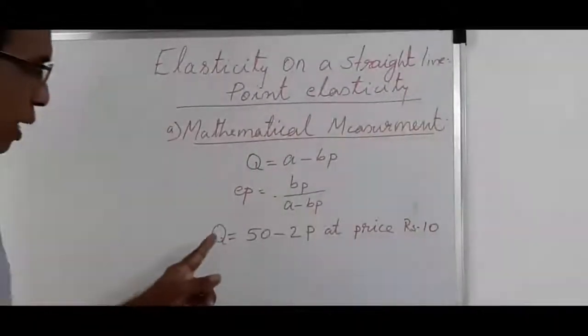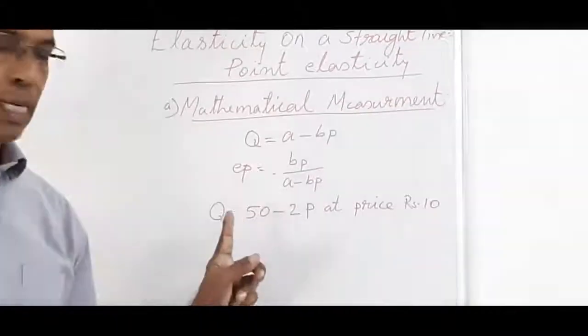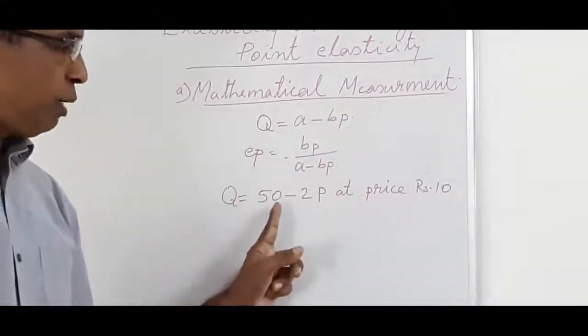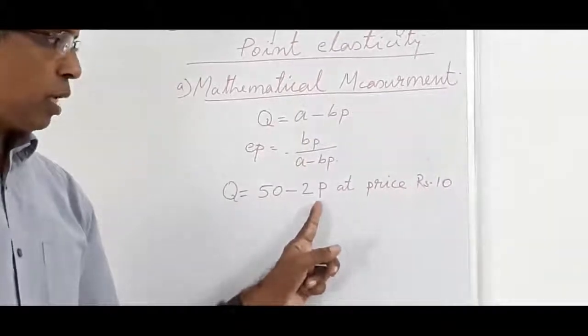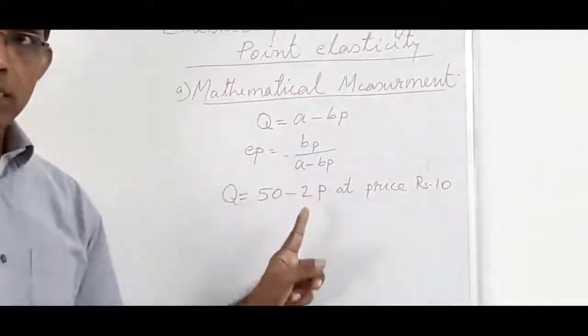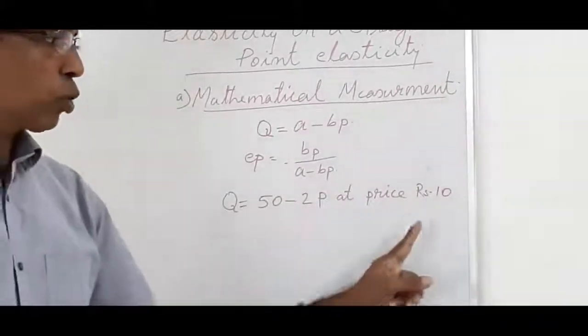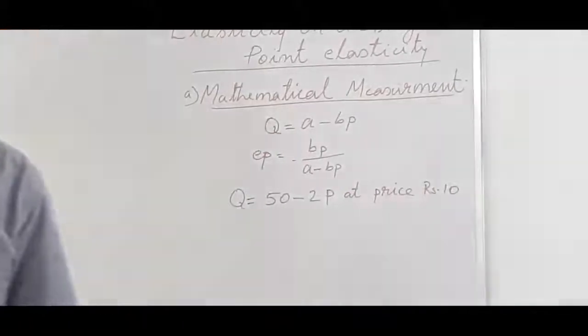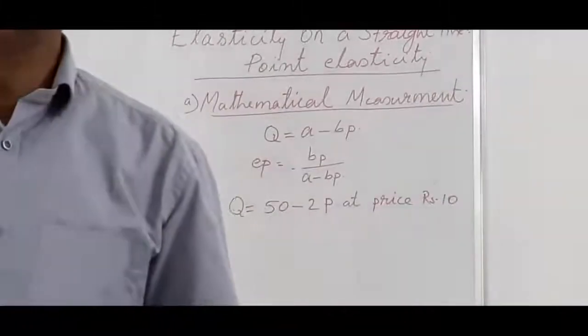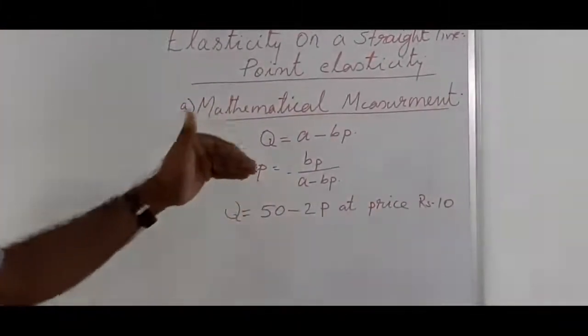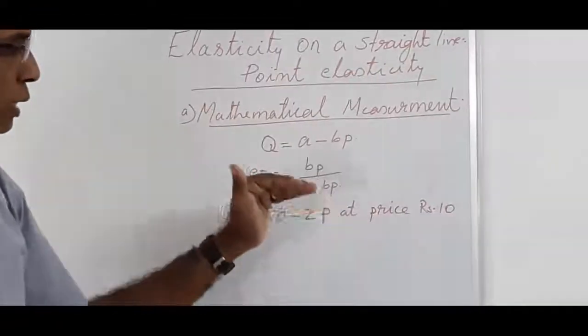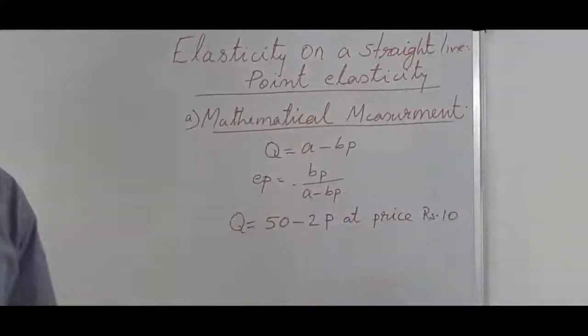Suppose the demand of a commodity for a particular consumer is 50 minus 2P. Calculate the elasticity of this product at rupees 10. How can we calculate elasticity by using this formula? We can just substitute the values in the formula.